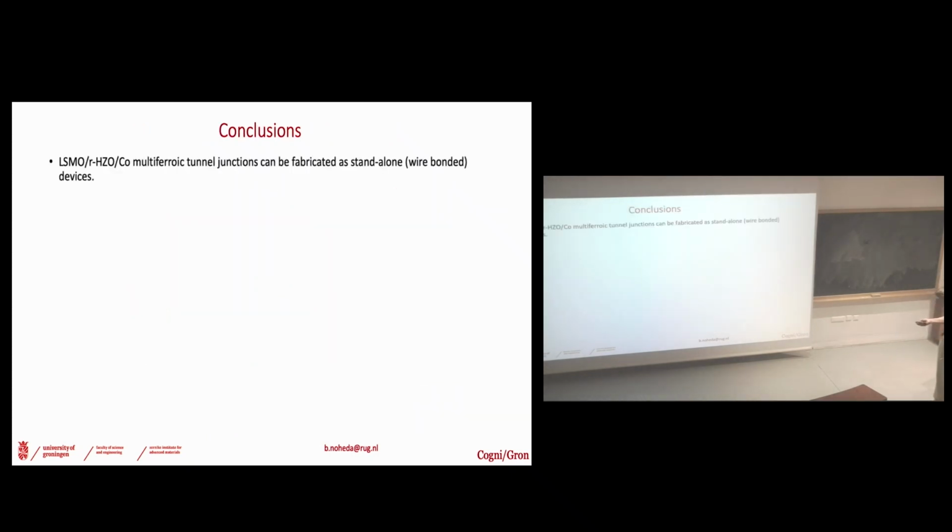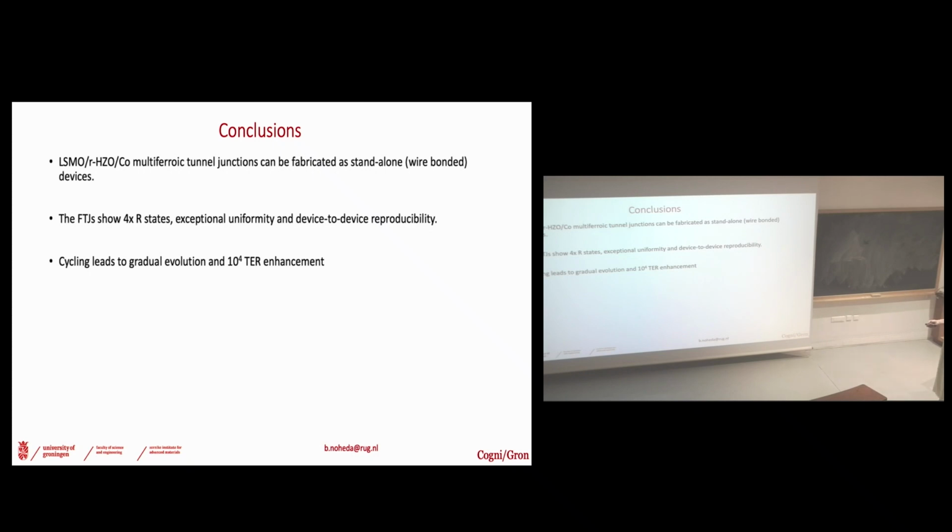So, conclusions. One can get multiferroic tunnel junctions that can be fabricated as stand-alone, which was not possible in other ferroelectrics. They show 4 resistance states with very good uniformity and device-to-device reproducibility. The cycling is still an issue. You cannot cycle for many cycles, so reliability is still an issue that we need to work on.